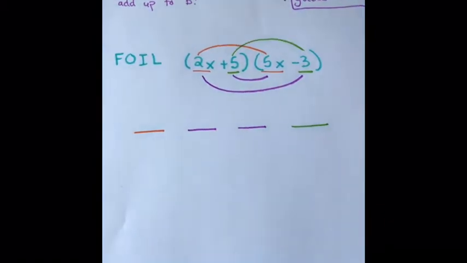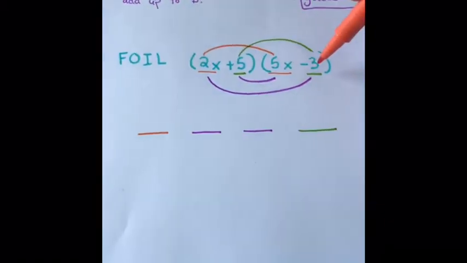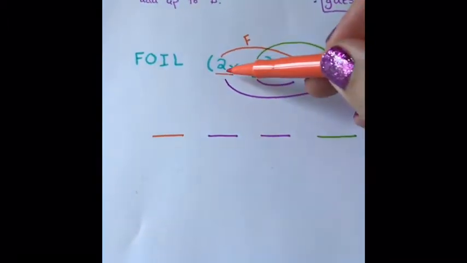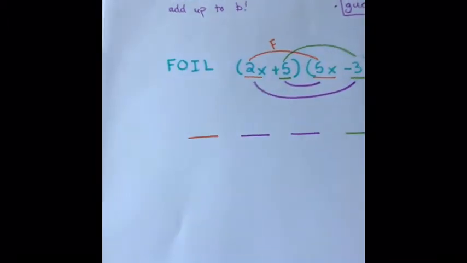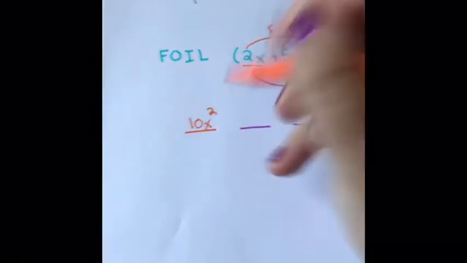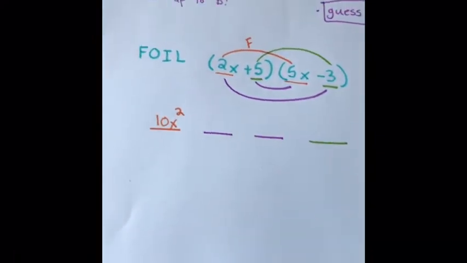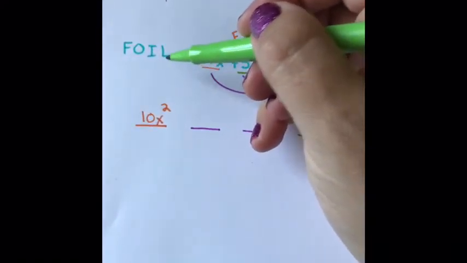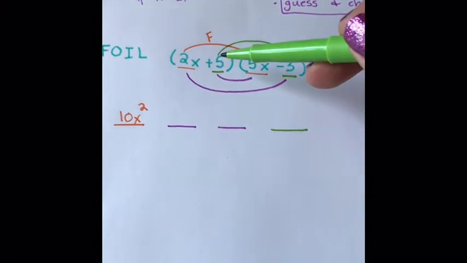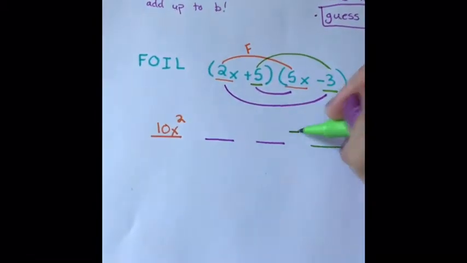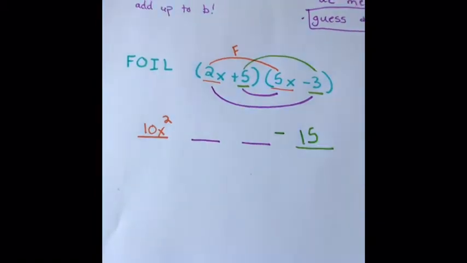and check. So multiplying two binomials, we first will multiply our first terms. So 2x times 5x goes down here, 10x squared. And I'm going to go kind of out of order. The last terms is always multiplying the two last terms. 5 times negative 3 is a minus 15.